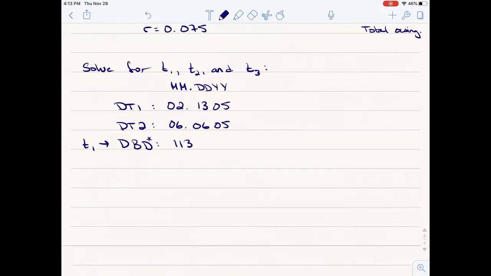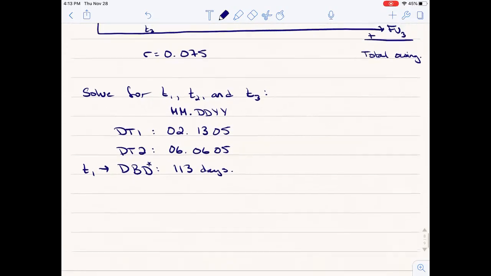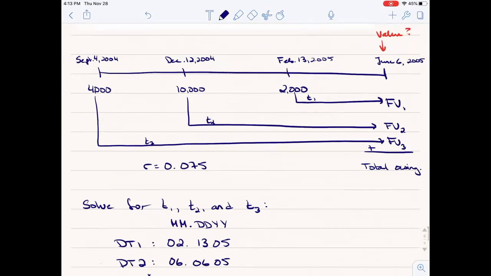I put a little asterisk. So it's 113 days. So I'm going to put that on here, 113 divided by 365. Right? It's been a while, but we assume 365 days in a year.